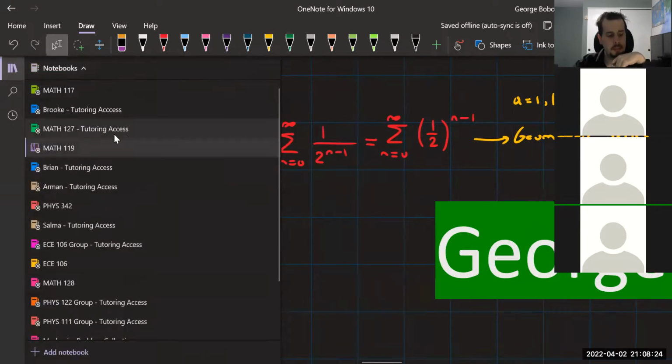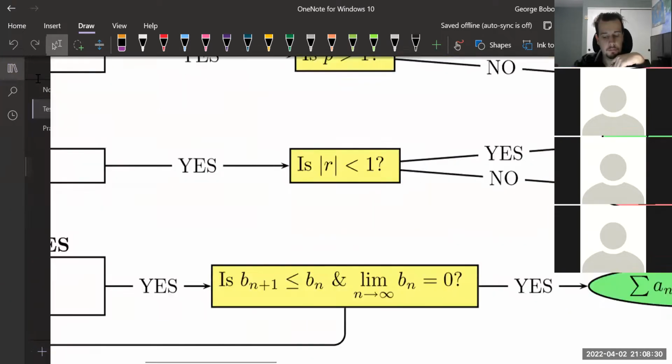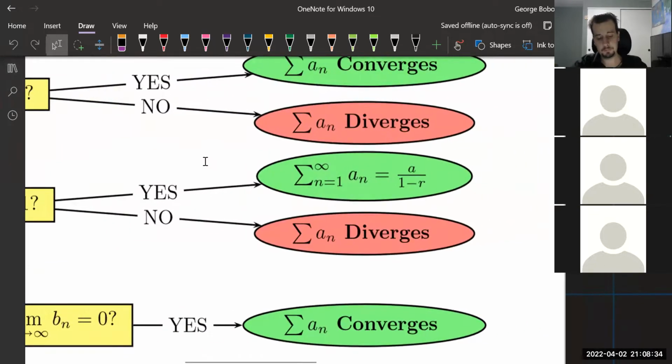So what does it say here, Leah, on our geometric series test? What are we being told? If it is less than 1, then what? Do we converge? We don't diverge.